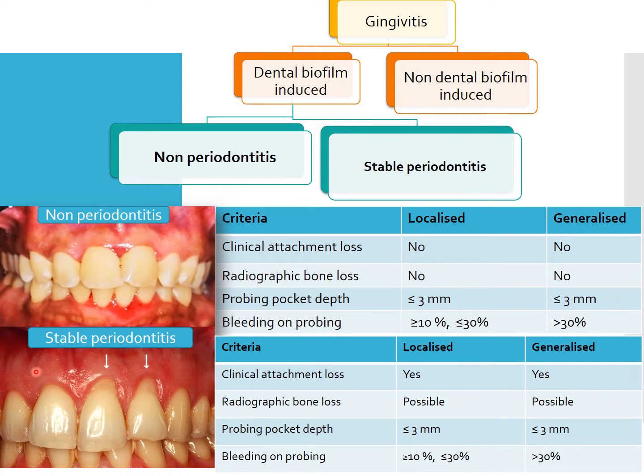When we come to stable periodontitis, there will be a reduced periodontium, with loss of clinical attachment and radiographic bone loss, but the probing pocket depth will be minimal, that is 2 to 3 mm. Bleeding on probing will be there, either localized, 10 to 30 percentage, or generalized, greater than 30 percentage.